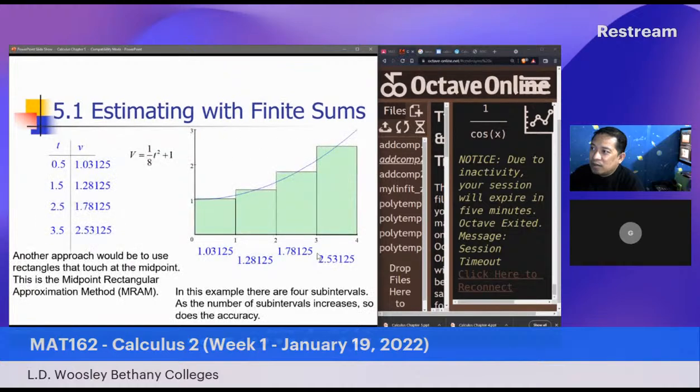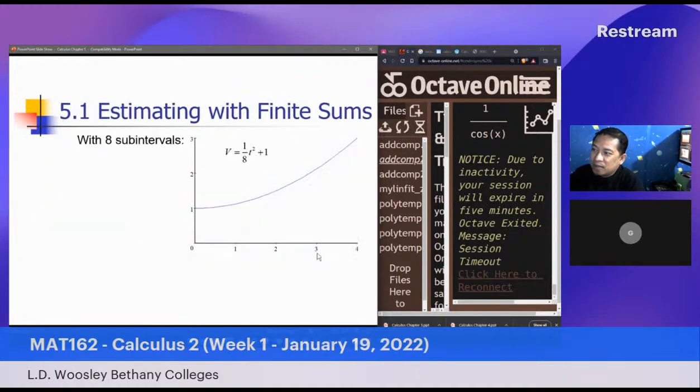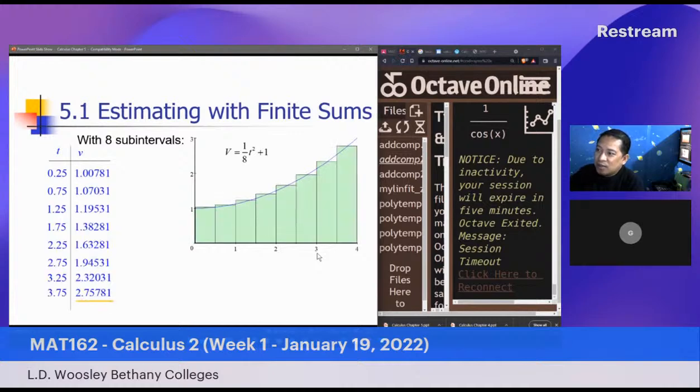Now, this is with 4 intervals. What if you will do the 8 intervals? Pinapaliit mo yung change of x mo. Sa halip na 4, naging 8. So of course, with the width of sub-interval, we will multiply to 0.5 kasi hinati mo sa dalawa.